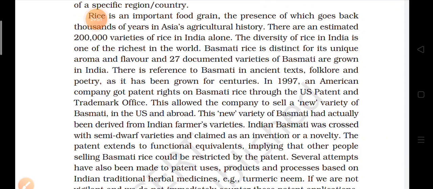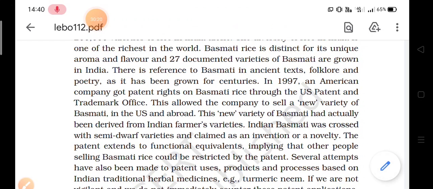But in 1997, an American company got patent rights on basmati rice through the US Patent and Trademark Office. In actual, all these varieties of basmati are grown in India. But that company put its own trademark and took the patent. That company took the patent from the government of America, and this allowed the company to sell a new variety of basmati in the US and abroad.